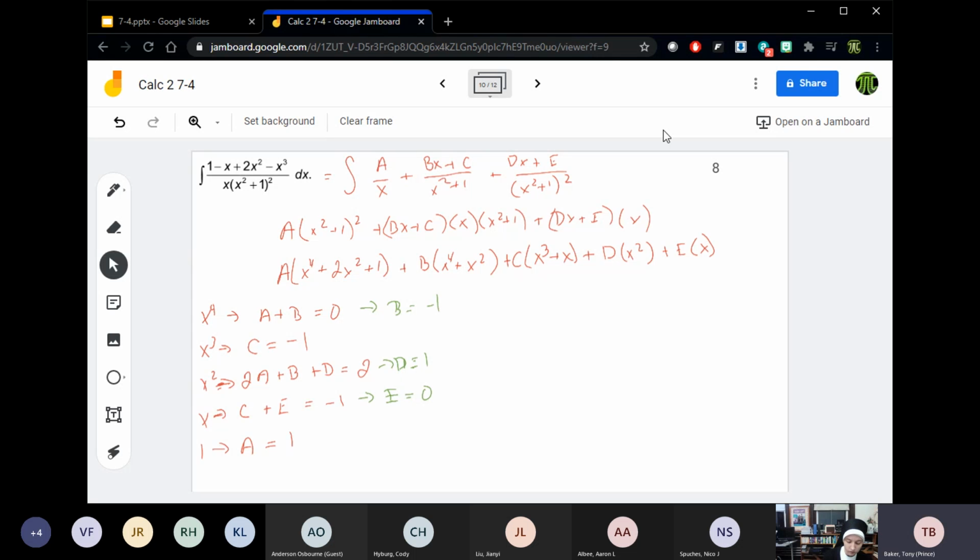So my new integral that I'm going to be working with, now that I've got it all broken out, is 1 over x plus -x minus 1 over x squared plus 1 plus x over x squared plus 1 squared.